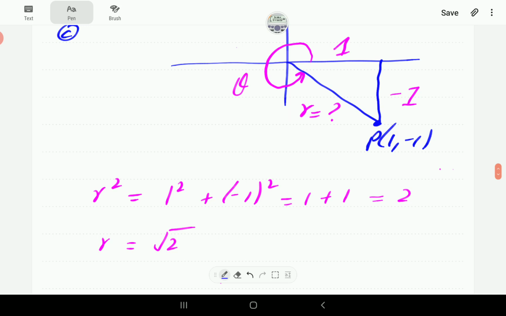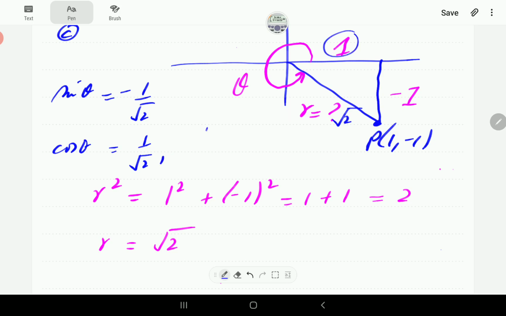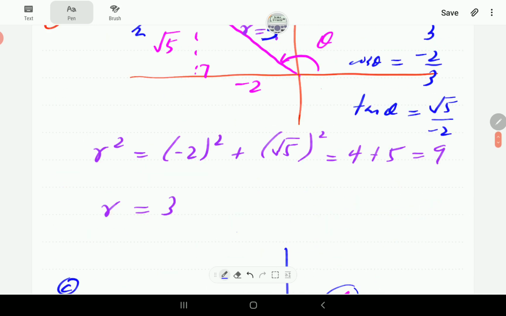That means sine theta is the opposite, negative 1 over root 2. Cosine theta is the adjacent, 1 over root 2. And tangent theta is negative 1 over 1, which is negative 1.